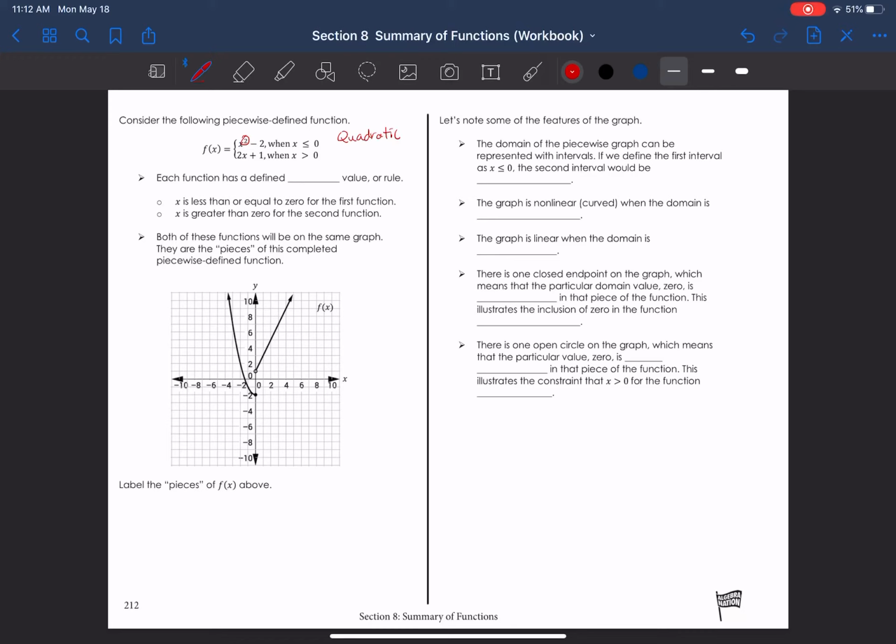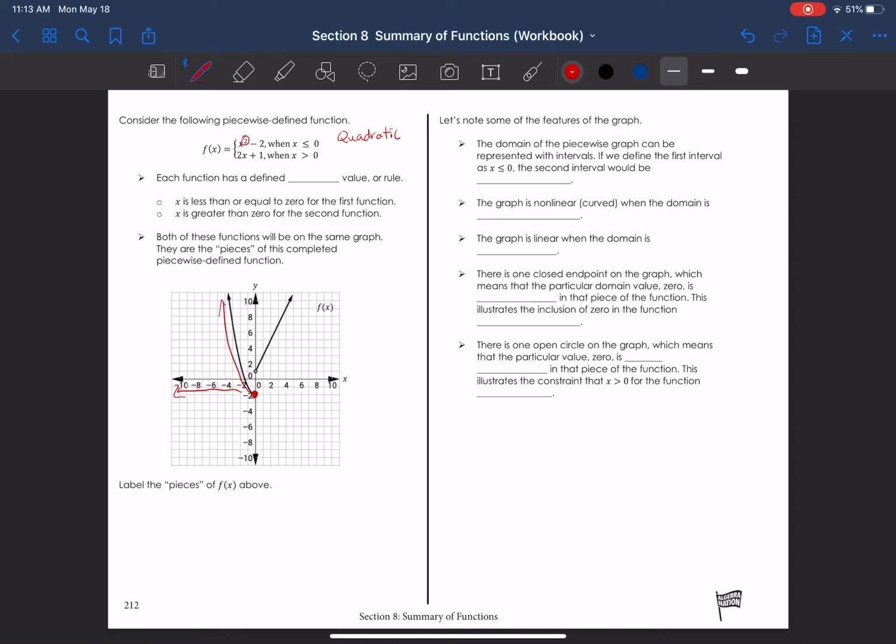This graph follows a quadratic model whenever x is less than or equal to 0. So less than or equal to, we have that closed dot here. Anything to the left-hand side is where it follows that quadratic model, where it makes like a U or half of a parabola.